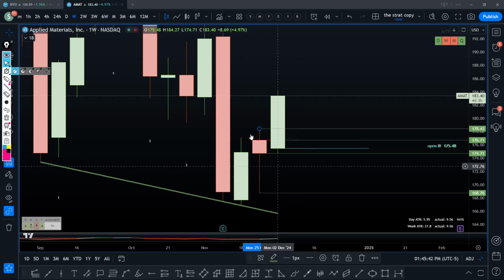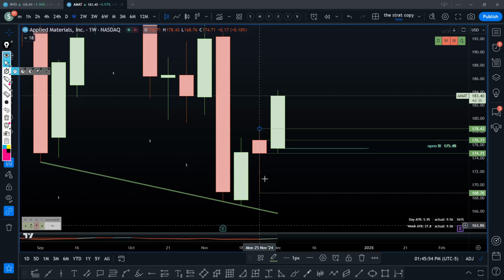You don't want to take the color as the only reason to define what the candlestick is telling you. You want to base it off the color as well as the shape of the candlestick.